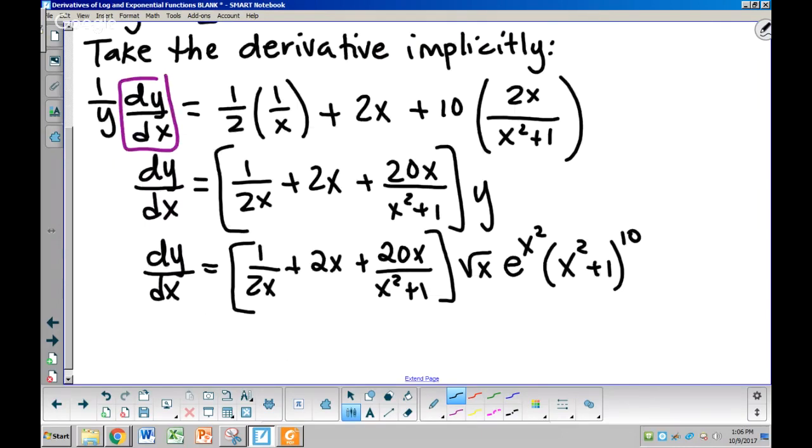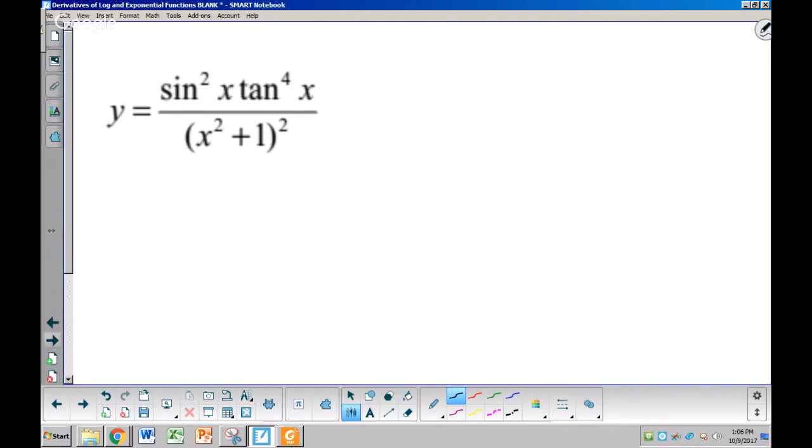So how many in here are like in logarithmic differentiation? It's pretty easy, isn't it? What are we going to do with this one?